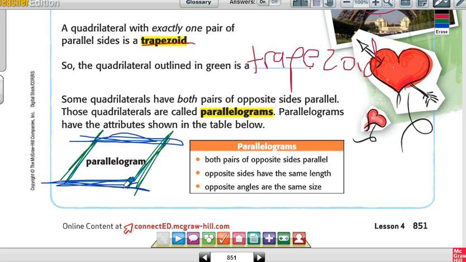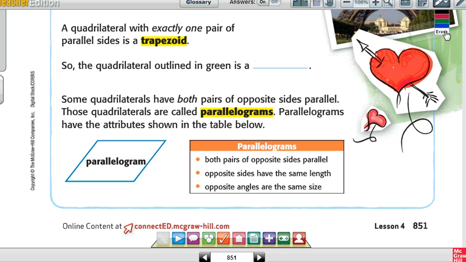Parallelograms have their attributes shown in the table below. All right. So that means in a parallelogram, both pairs of opposite sides are parallel. That means the left side is parallel with the right side, and the top is parallel with the bottom side. Also, the opposite sides, meaning the left and the right, have the same length.